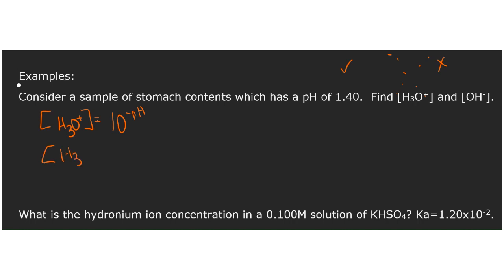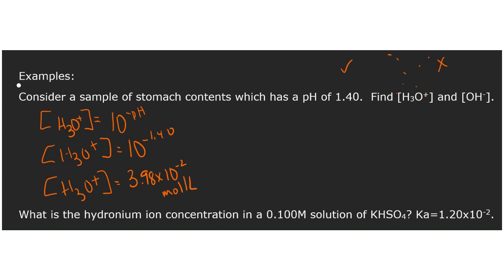So 10 to the negative 1.40 ends up being H3O plus equal to 3.98 times 10 to the negative 2 mole per liter.